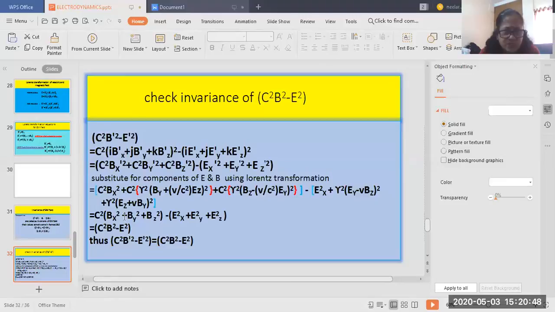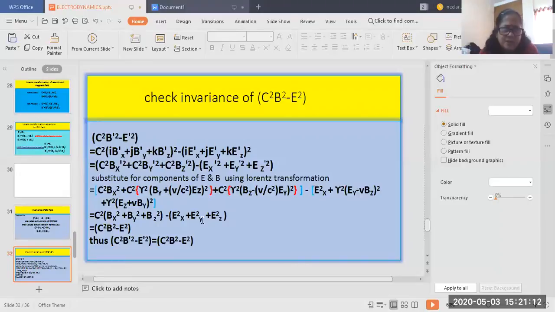So then what happens, there are some terms will get cancelled. So remaining terms are c square into bracket, this whole thing, Bx square plus By square plus Bz square, and minus bracket Ex square plus Ey square plus Ez square it is. So now what is this one? This is B dot B it is. Okay, that means it is B square.